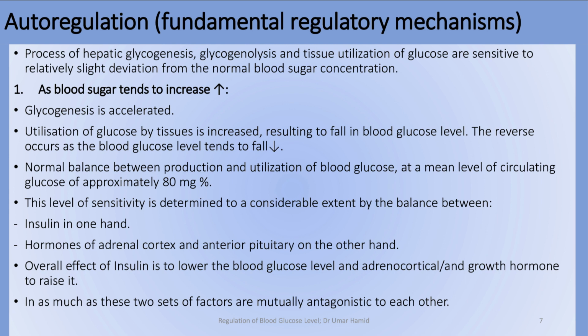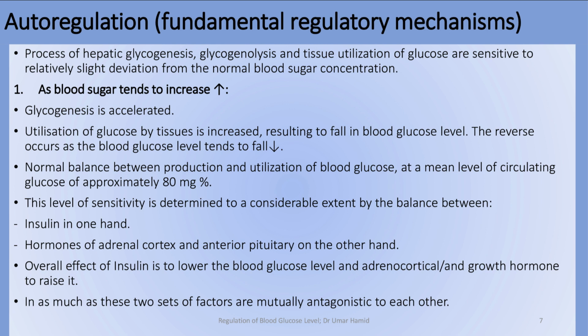This level of sensitivity is determined, to a considerable extent, by the balance between insulin on one hand, and hormones of the adrenal cortex and anterior pituitary on the other hand. Overall effect of insulin is to lower the blood glucose level, and adrenocortical and growth hormone to raise it.